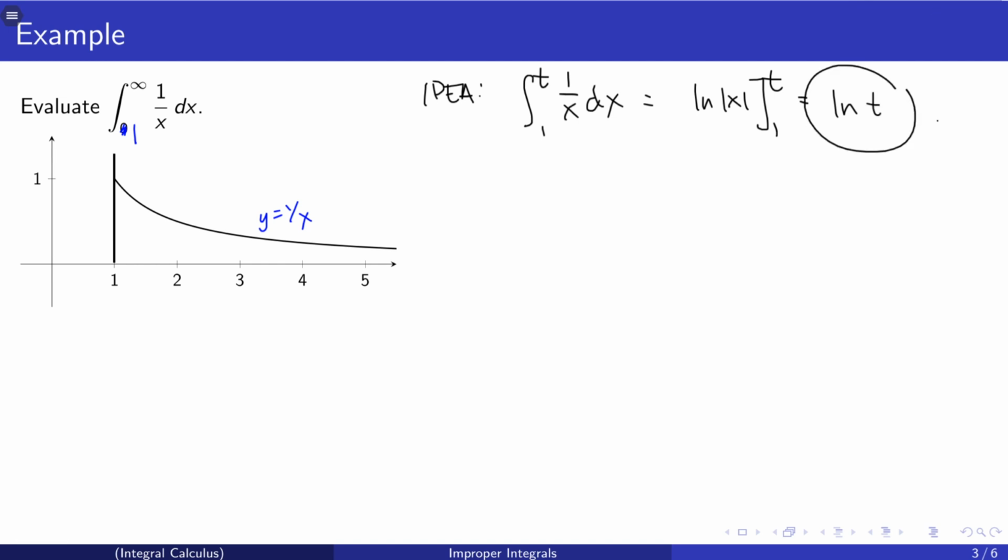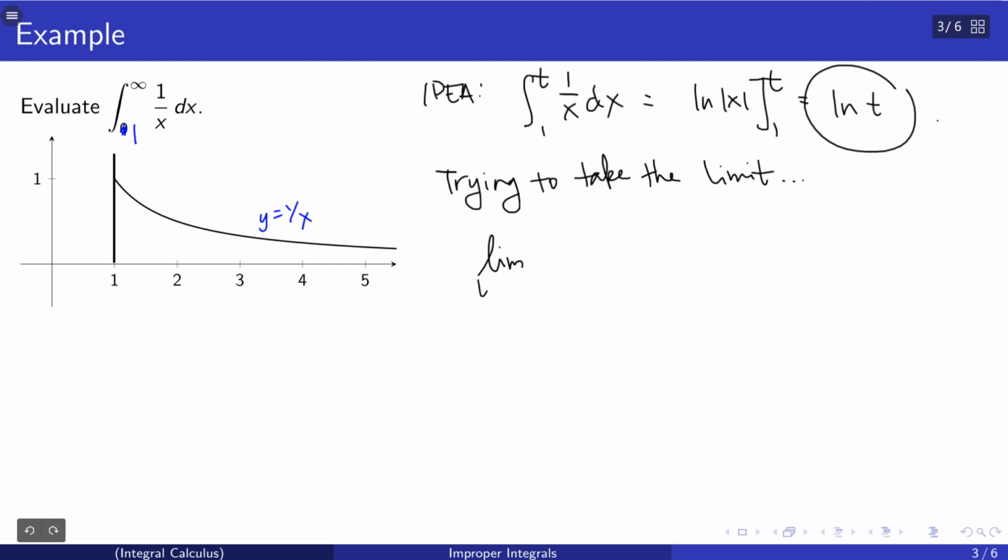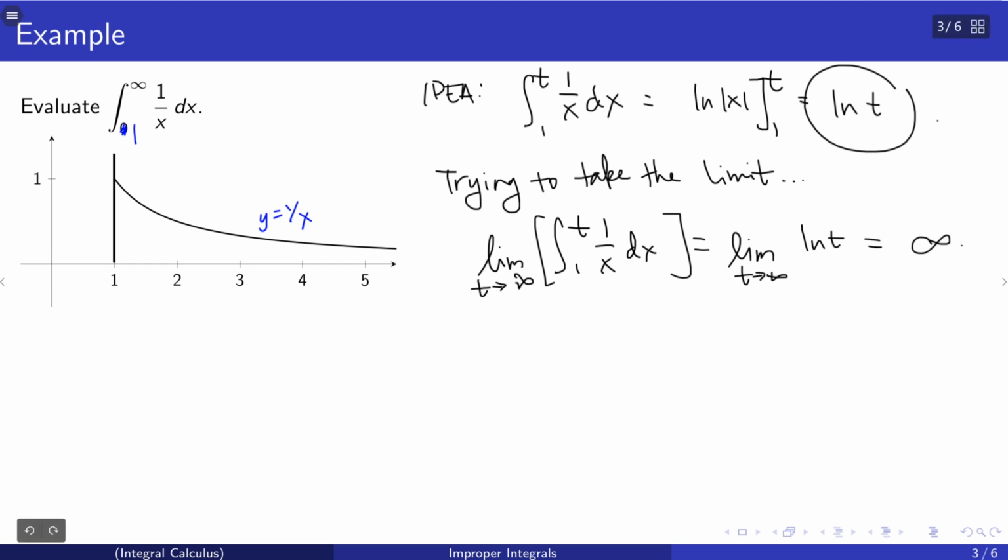When we try to take the limit as t goes to infinity of the integral from 1 to t of 1 over x dx, that is the limit as t goes to infinity of ln t, and this doesn't exist. It goes to infinity. What this tells me is that the area under the curve of 1 over x is unbounded. It's not equal to a finite value.